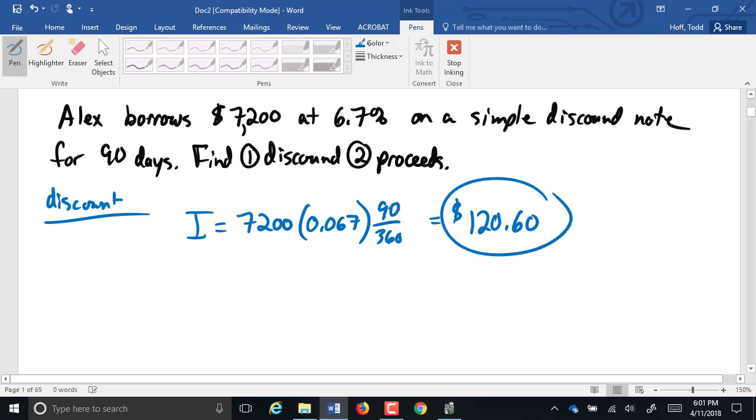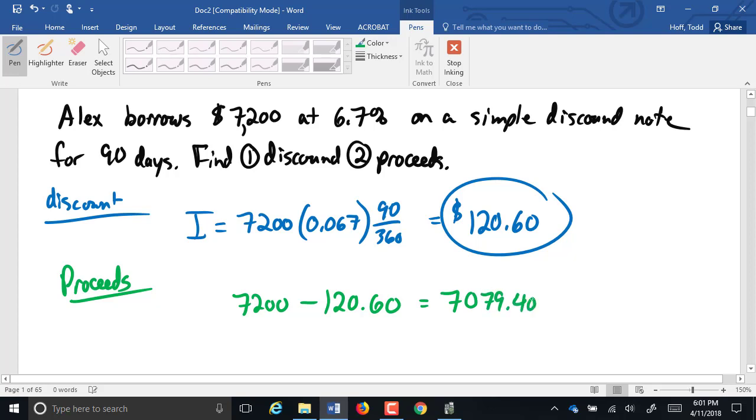That's our discount. How do we find our proceeds? 7,200 minus that discount of $120.60 is $7,079.40. Do you guys concur? Cool.